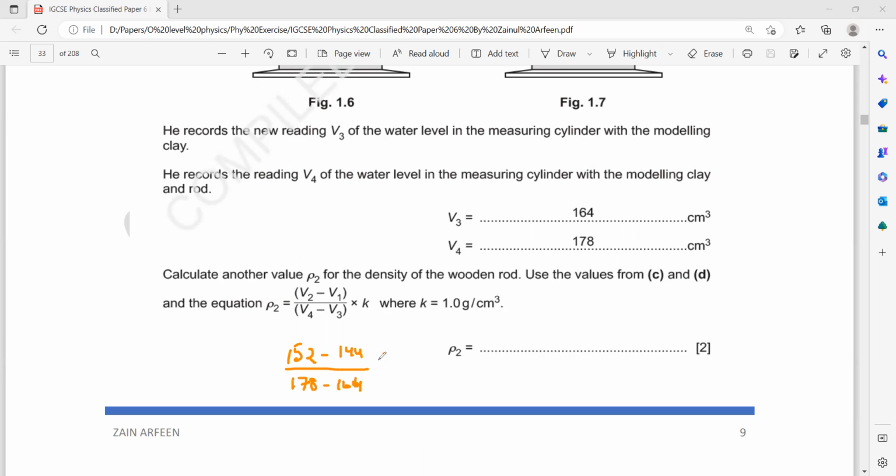And times K. What is the value of K? K is equal to 1. So that is 8 divided by 14 times 1. What's the value for the second density? It is 0.57, and the unit again will be gram per centimeter cube. So 0.57 gram per centimeter cube.